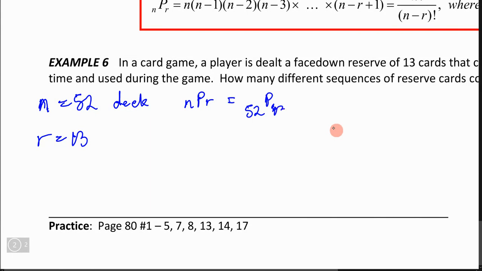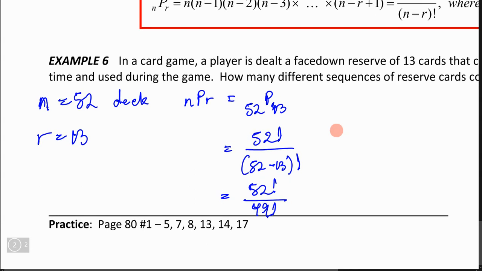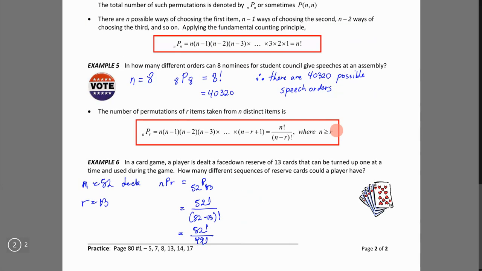So this is really 52 choose 13. Using my factorial formula for permutation, 52 factorial divided by 52 minus 13 factorial, which is 52 factorial divided by 49 factorial. Maybe it was just a zoom problem here.